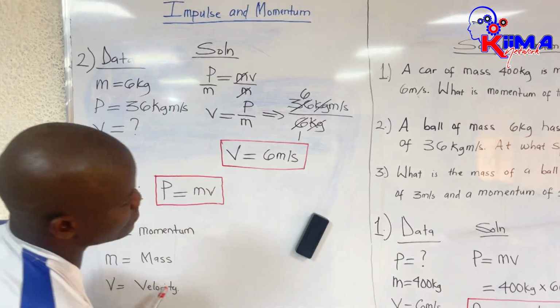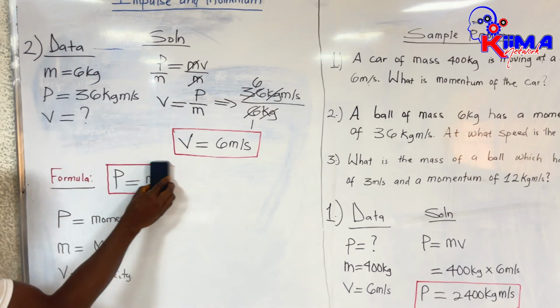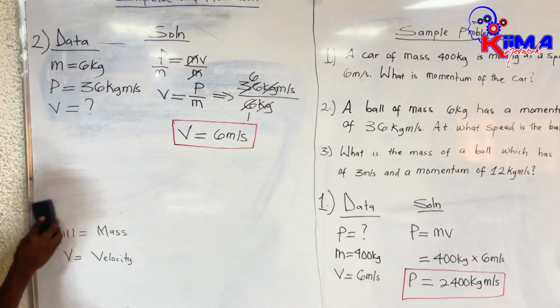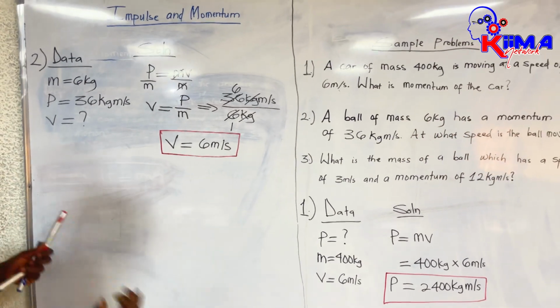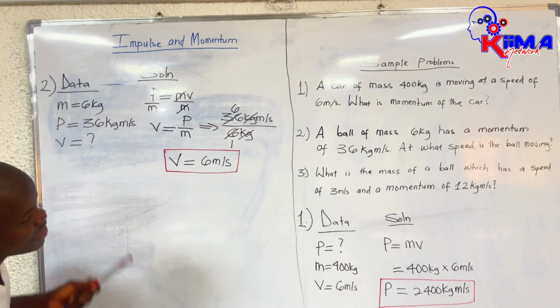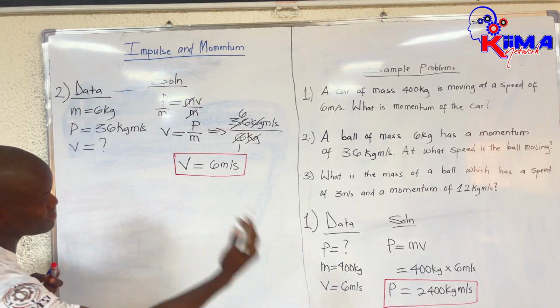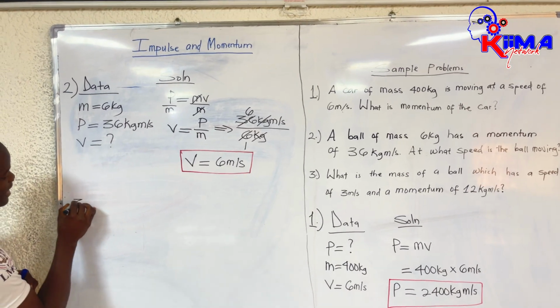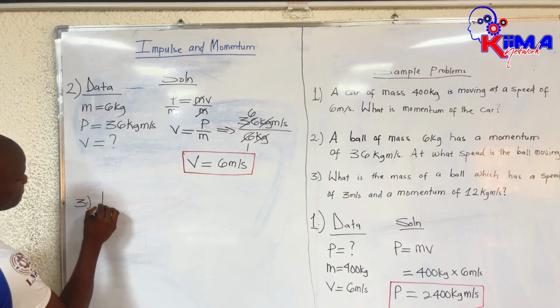Now, question number 3. We can find our solution for question number 3 using the same formula. Let us generate our data. It asks what is the mass? So now we are asked to find the mass.